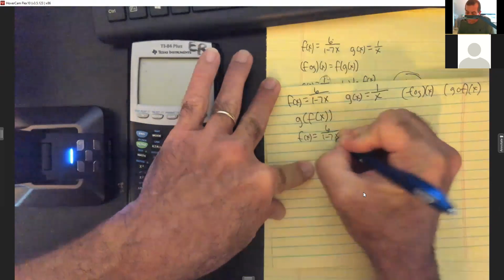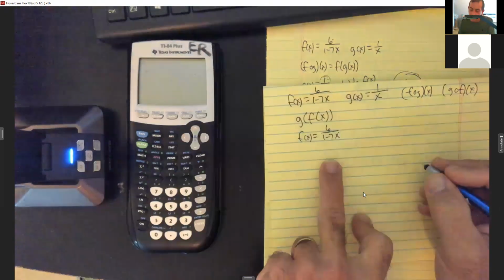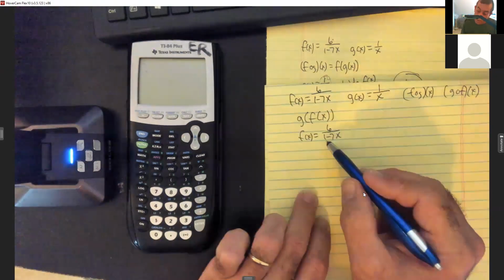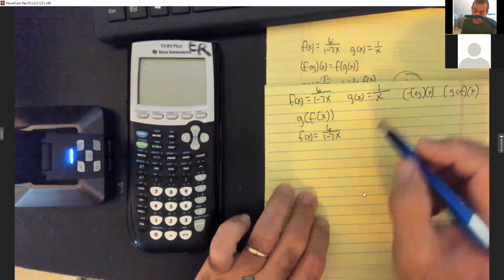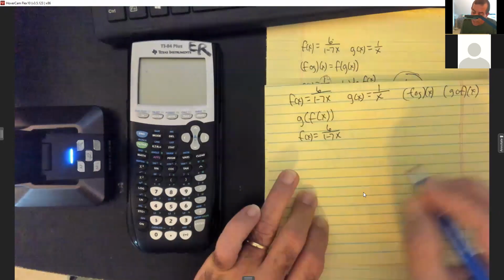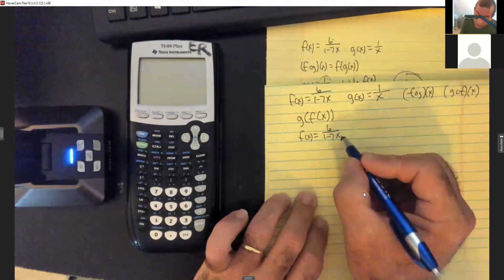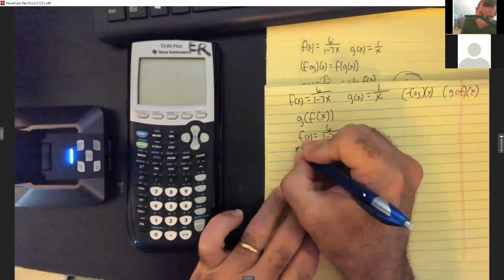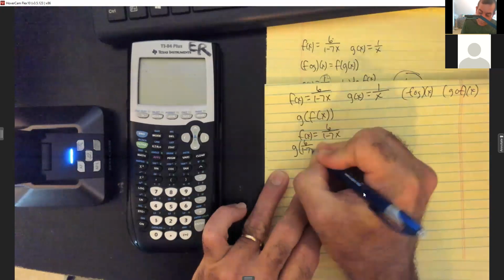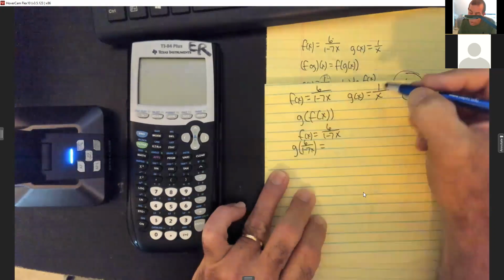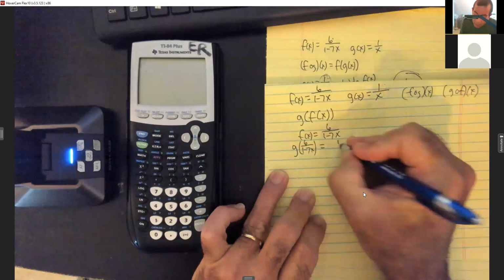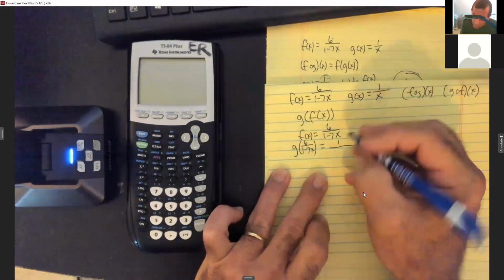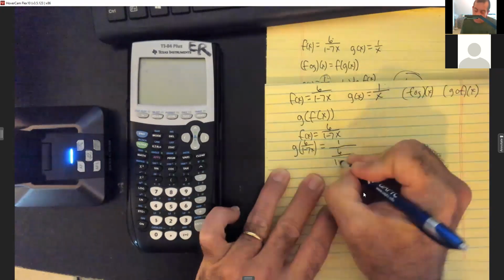At that point, we got to worry about the bottom. But what I'll do is I'll put all this into g first, and then we'll do all the domain at once. So since I cannot do nothing with that, that's going into the g. So I'm going to be finding g of 6 over 1 minus 7x. So take the g equation, which is 1 divided by x. But remember, my x is going to be 6 over 1 minus 7x.